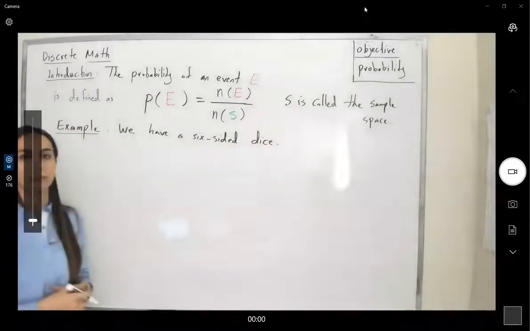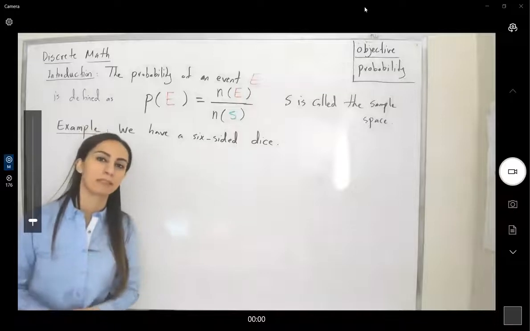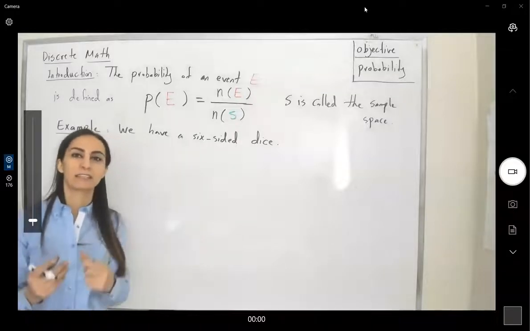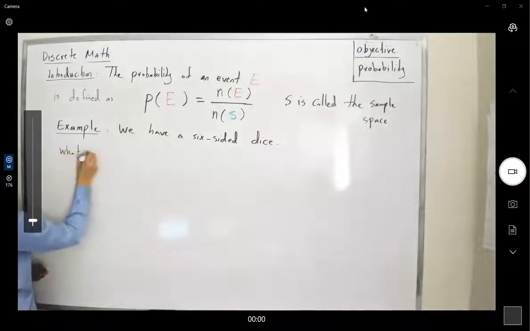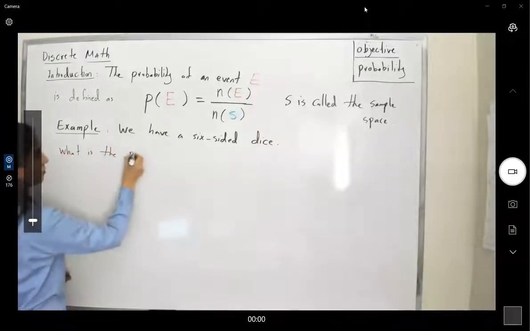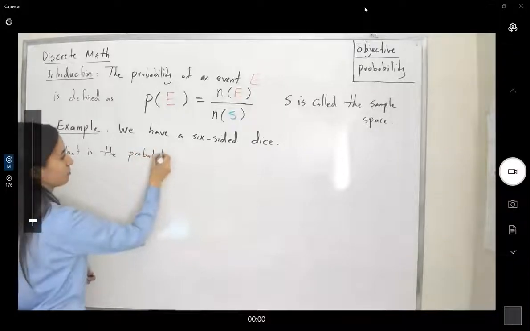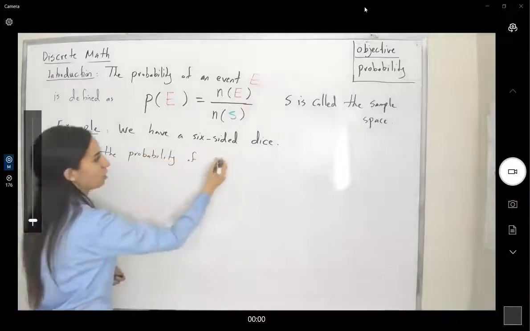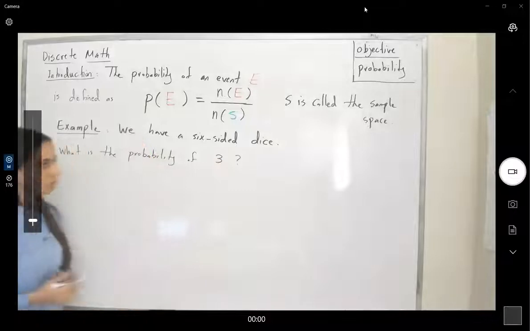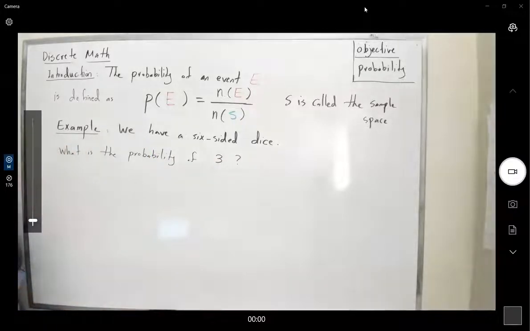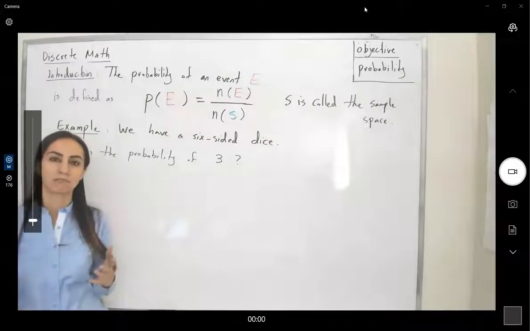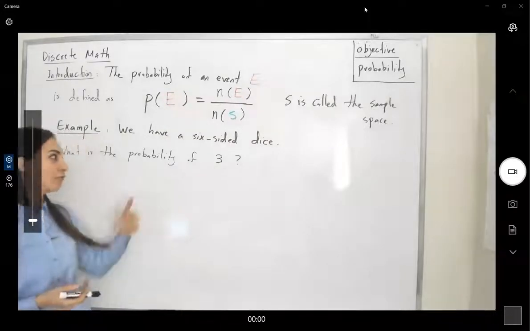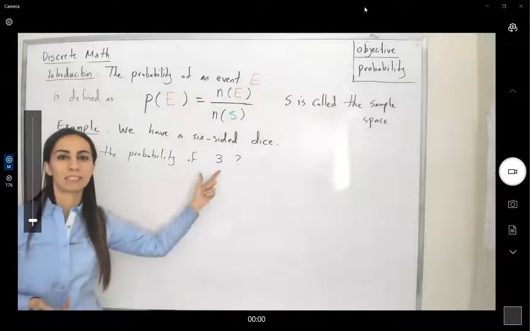Suppose the question says, what is the probability of getting 3? Okay, perfect. So we have a six-sided dice, and we're interested in finding the probability of this event.